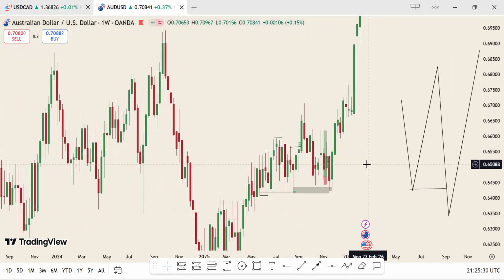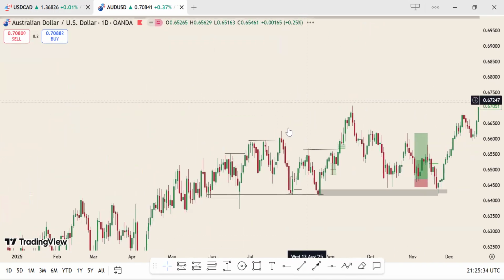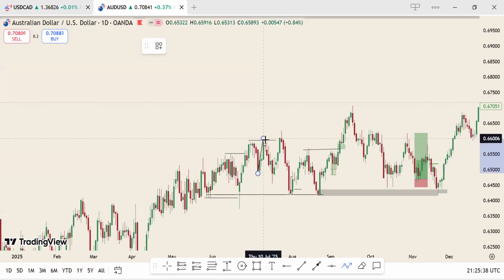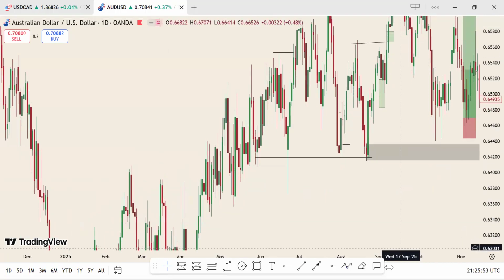Let me show you chart examples. On the daily time frame, on this example I just showed you, price created this high and came back to take it out. So this is a sweep of the high and then break of structure to the downside. And for a buy scenario, look at this low.